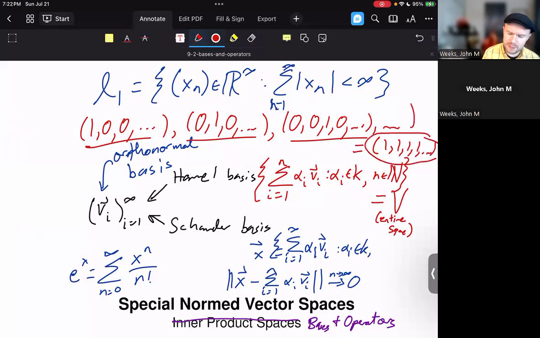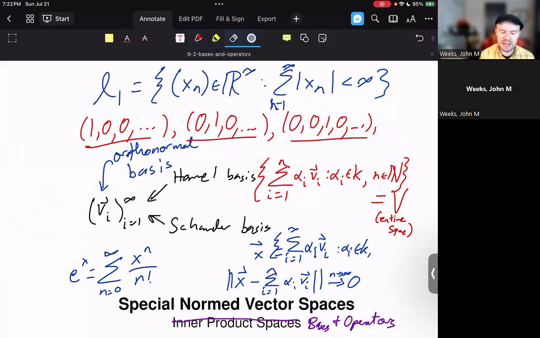But this is not a sequence inside of the space of little l1. Even though this is still a Schauder basis for this space, there's a constraint on it. And that constraint is that the scalars that you use in this orthonormal basis have to go towards 0. We'll talk a little bit about that in this upcoming theorem.